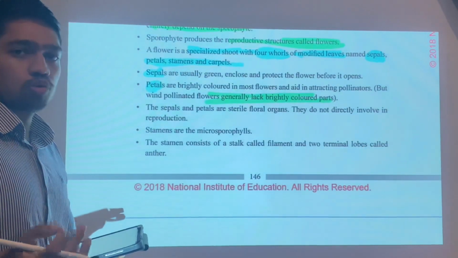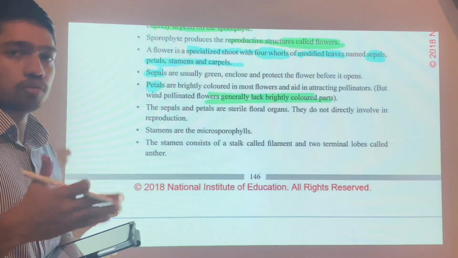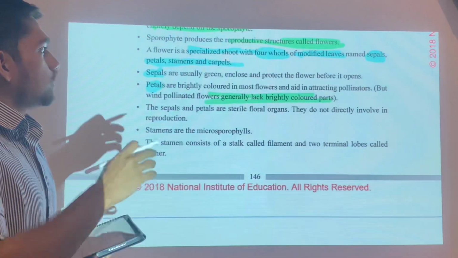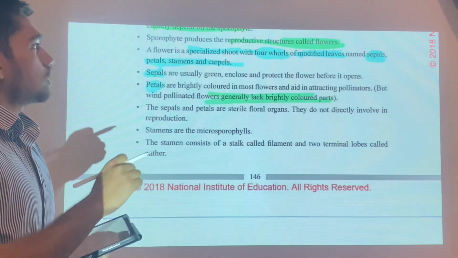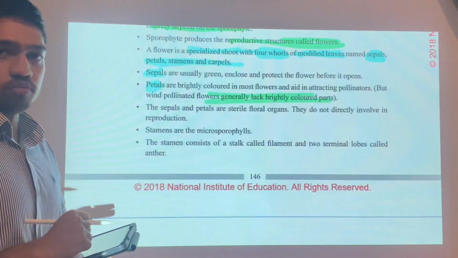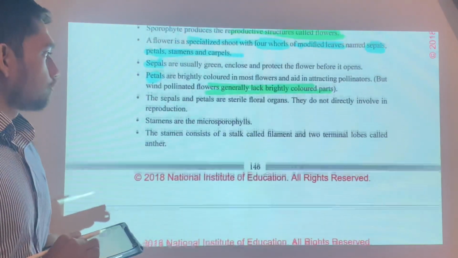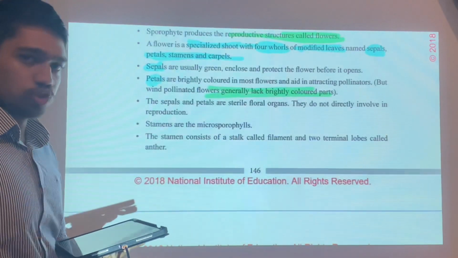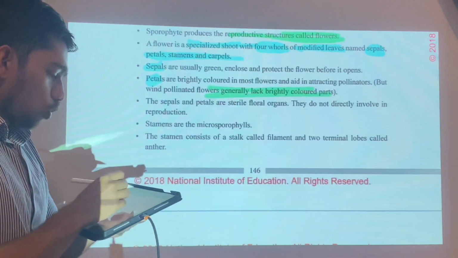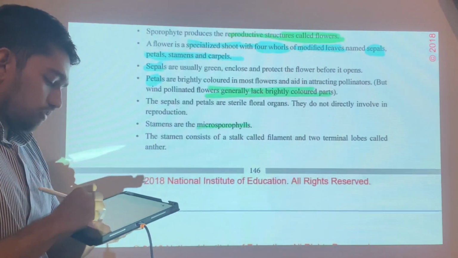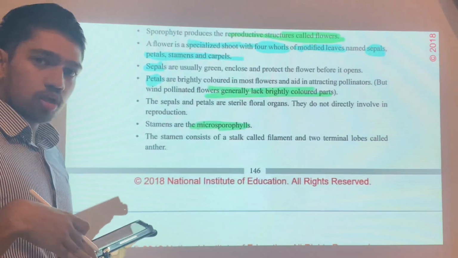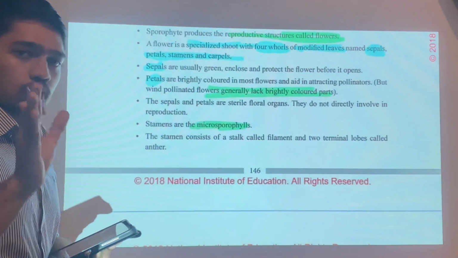Then we can move on to the parts that play the reproductive role. We said a flower is a whorl of modified leaves. If you remember, we learned about specialized leaves that bear sporangia, known as sporophylls. If a sporophyll is bearing microsporangia, that will become microspores, it's a microsporophyll.